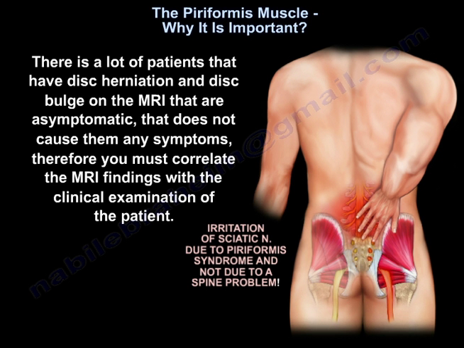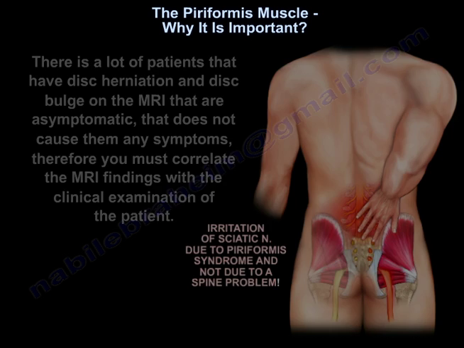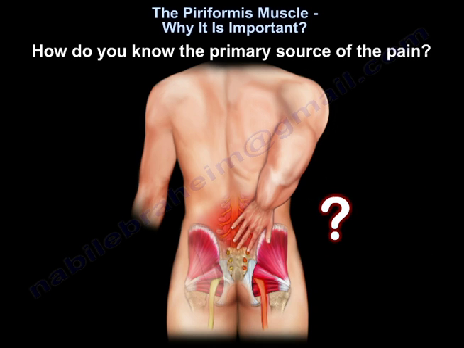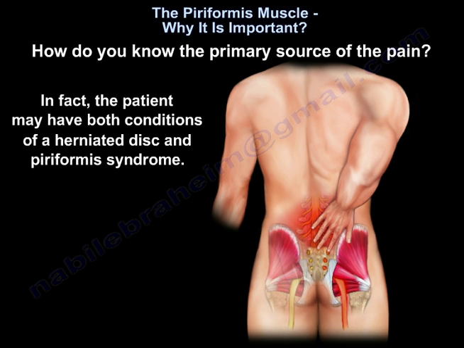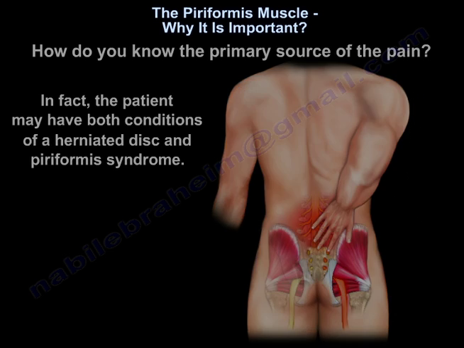There's a lot of patients that have disc herniation and disc bulge on MRI that are asymptomatic, that does not cause them any symptoms. Therefore, you must correlate the MRI findings with the clinical examination of the patient. How do you know the primary source of pain? In fact, the patient may have both conditions of herniated disc and piriformis syndrome.